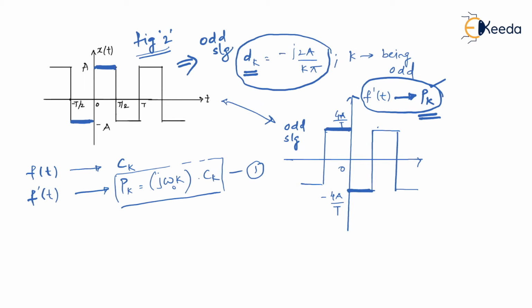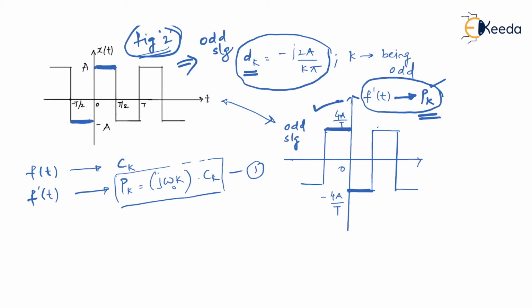Please remember, if you multiply a particular figure with minus 1, positive amplitude becomes negative and negative amplitude becomes positive. So the only way to get this signal from figure 2 is to multiply the signal with minus 1. But let me tell you very clearly, if you multiply the signal with minus 1, obviously its Fourier series coefficient also gets multiplied with minus 1.